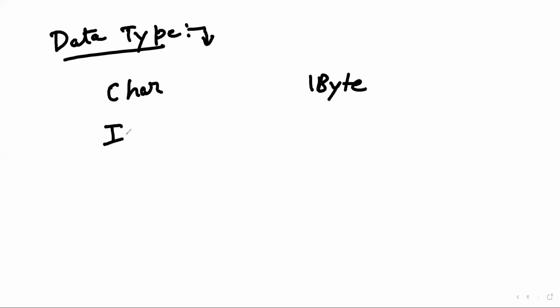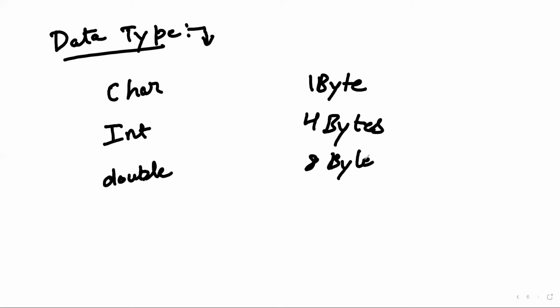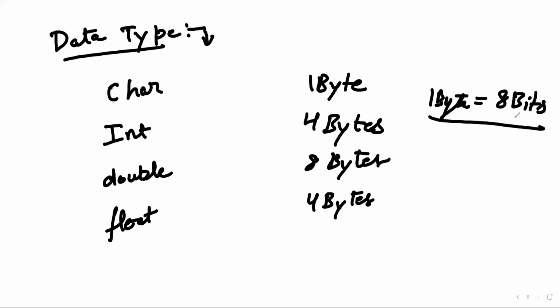Any variable of type integer has 4 bytes. Double has 8 bytes, right? Yeah, 8 bytes. Float again, 4 bytes. And 1 byte is 8 bits.